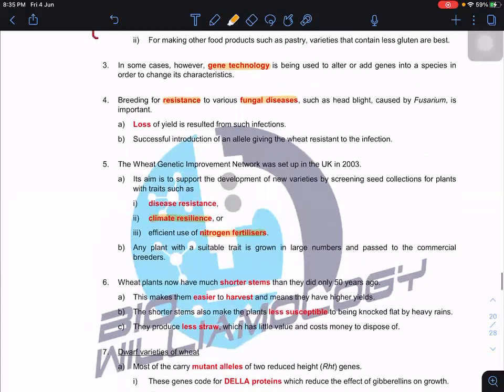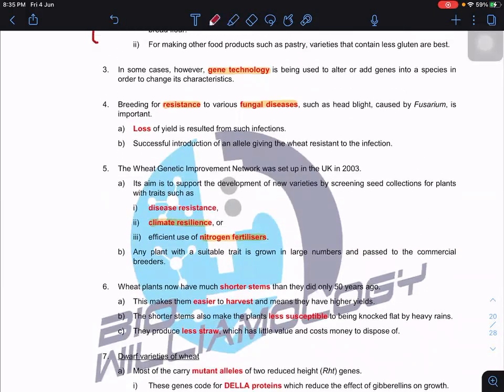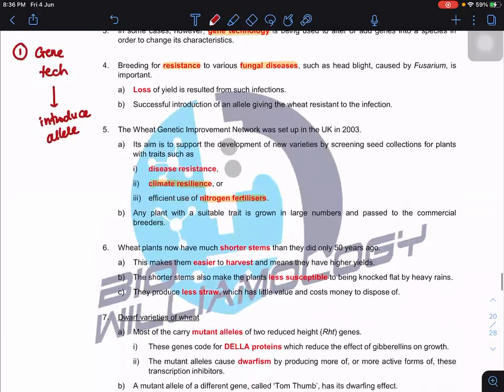Are you clear? So in this, first thing, we use gene technology. Gene tech, we use it to introduce the particular allele into the plant. Once we have introduced it, we're going to continue the inbreeding. Now, you don't do outbreeding. If you do outbreeding, what will happen? If the allele is a recessive allele, it's going to be masked, right?